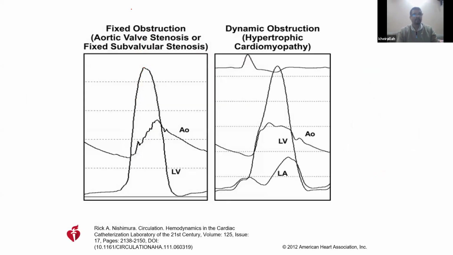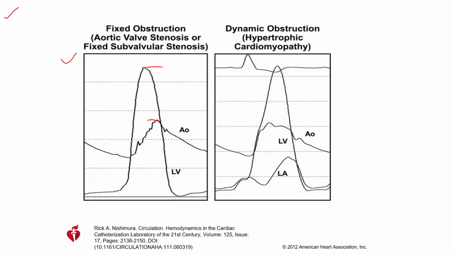Now look here. Here, the one on the left, this one. We have a gradient between the aorta and the LV. Where is this gradient? It's this one. See the gradient? This is all gradient. Okay? So we have a gradient.